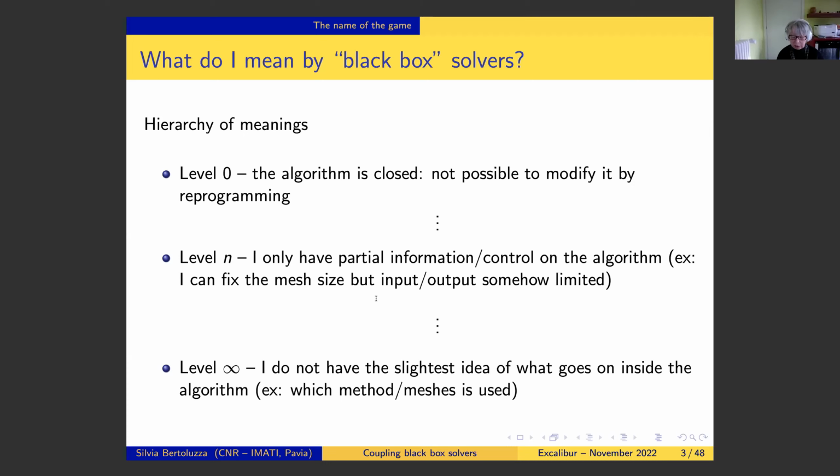a local problem solver, because there are always approximations that are made at the moment of programming that were not thought of before. For instance, the choice of quadrature or different things.